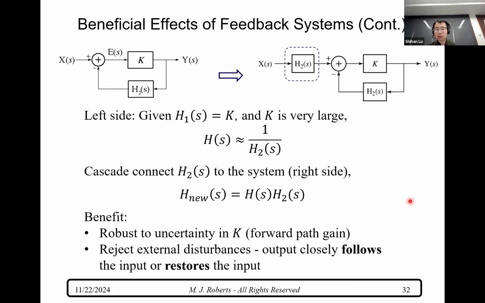So this system will be very robust whether you are calculating K, calibrating K, or reading some properties from the electronic components.